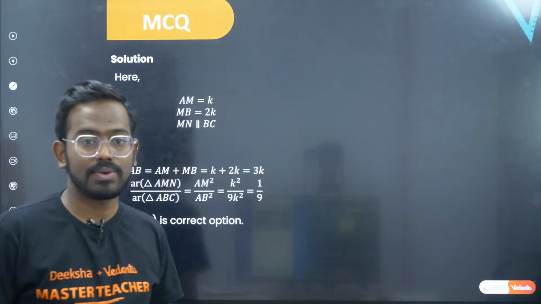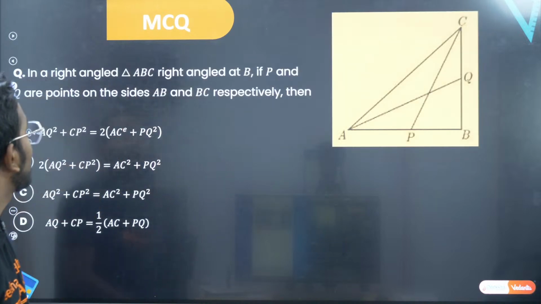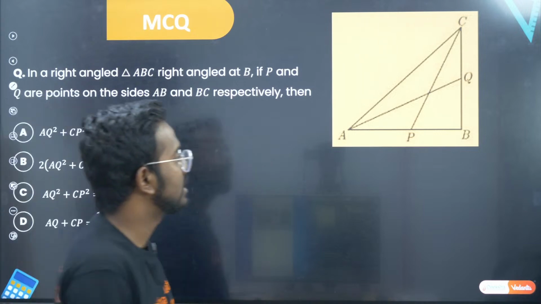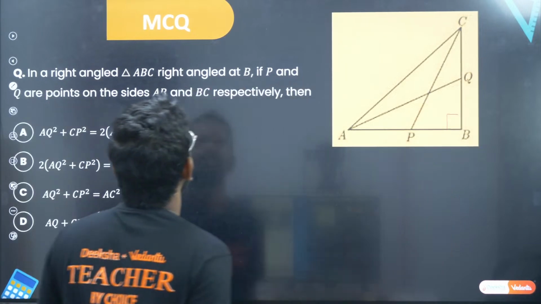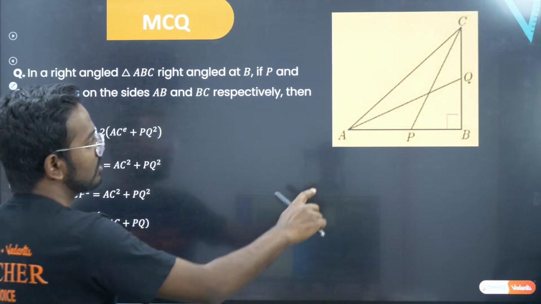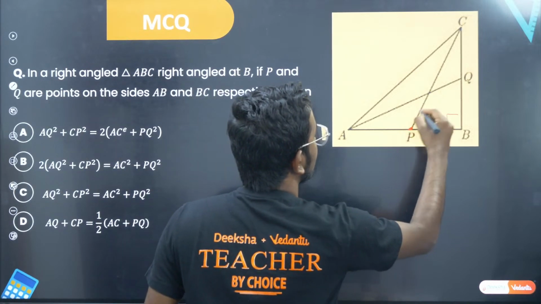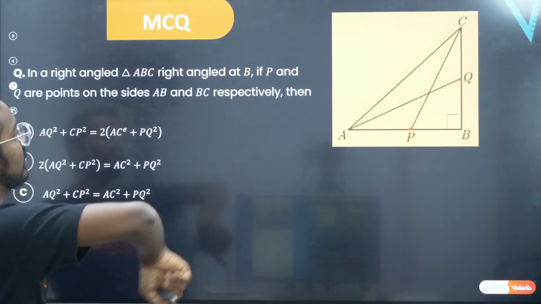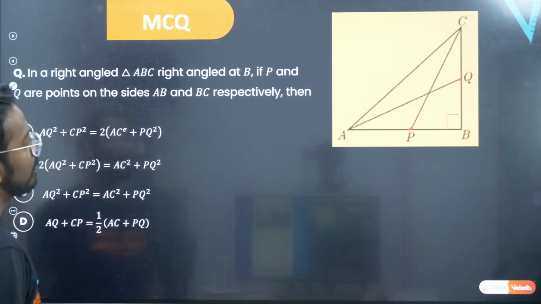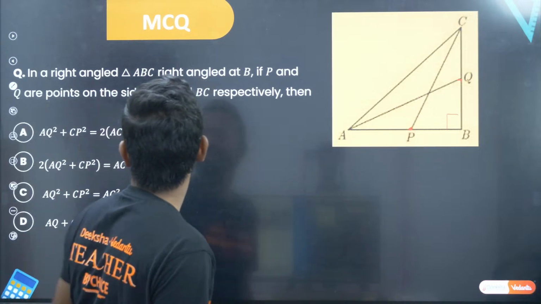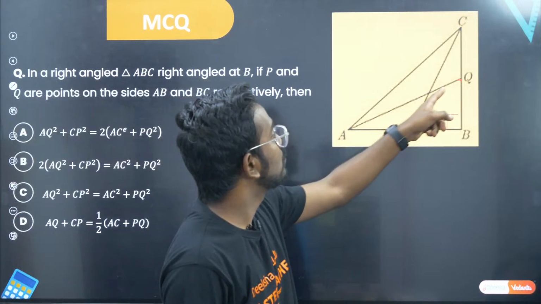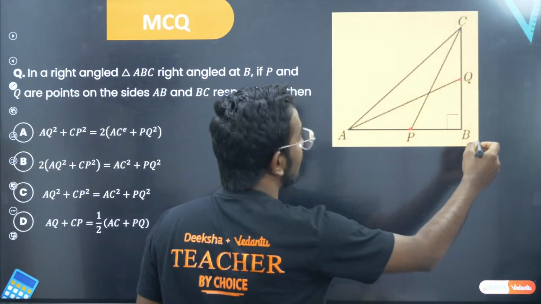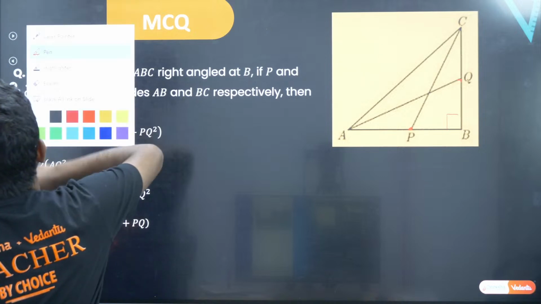Yes, let's take up the next question. In a right angle triangle ABC, right angled at B, if P and Q are points on the sides AB and BC respectively, then AQ square plus CP square is equal to, see, try to see this as two right angle triangles.